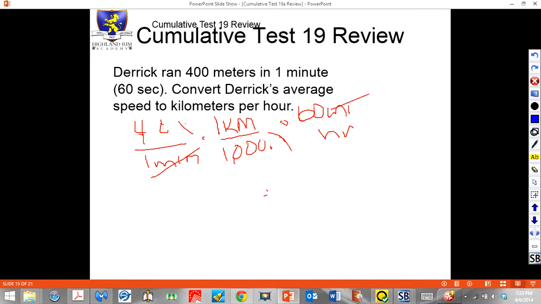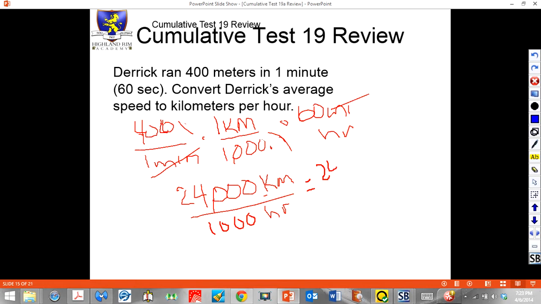Okay, and that gives us, that's 400 by the way, that gives us 400 times 60, which gives us 24,000 kilometers per 1,000 hours. And that equals 24 kilometers per hour.